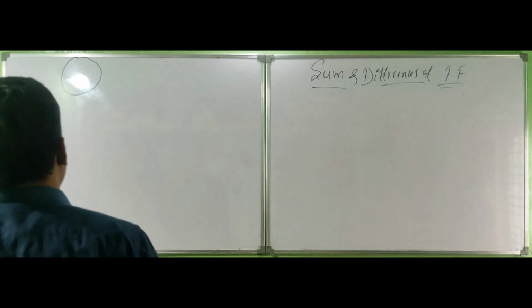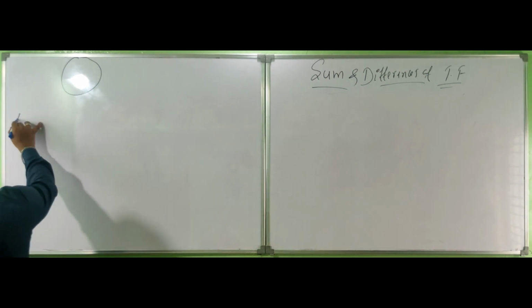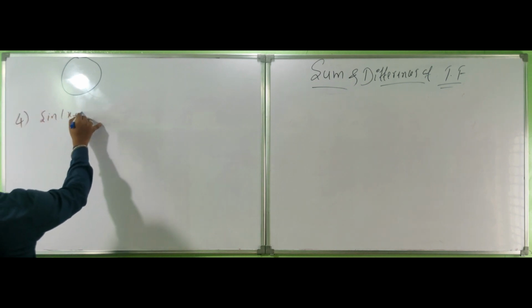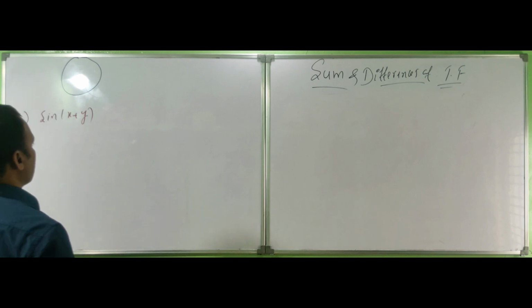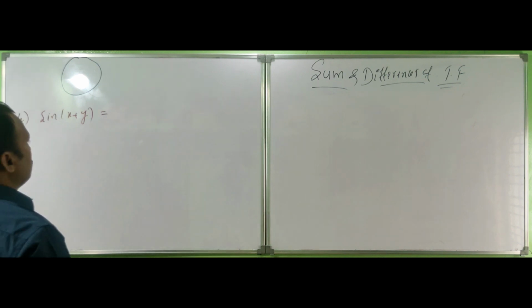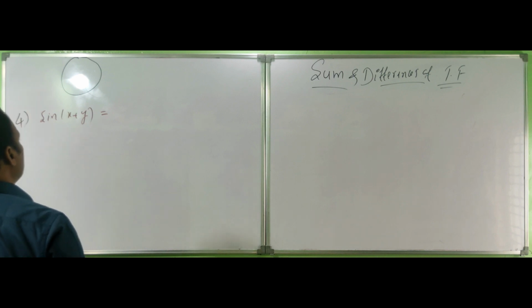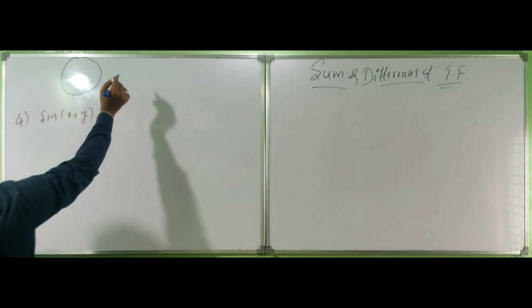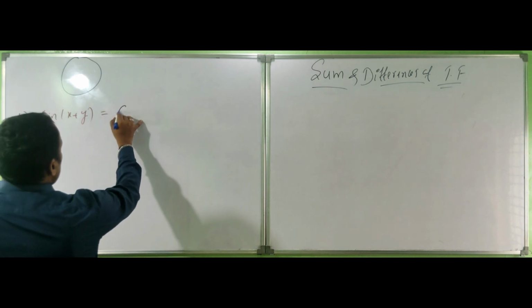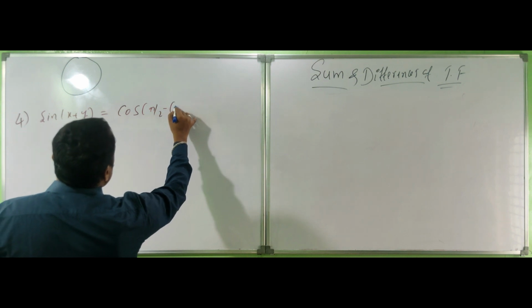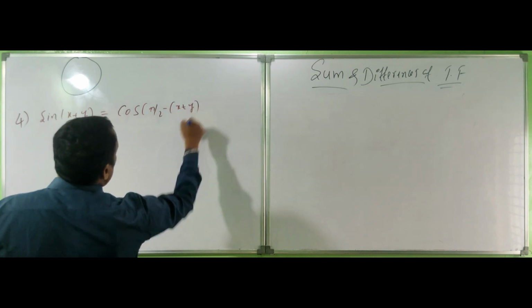Next formula is, we can call it a formula, sin of x plus y. You can write this as cos of pi by 2 minus x plus y.